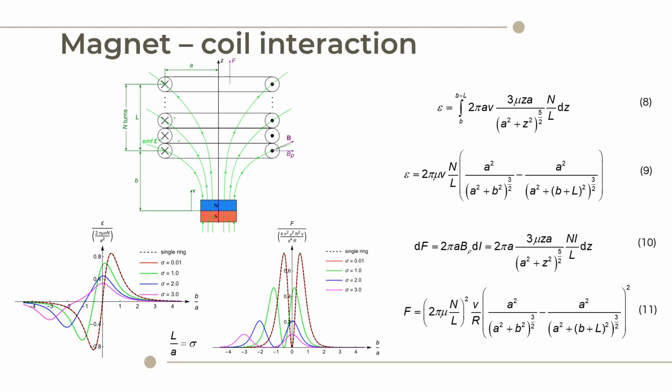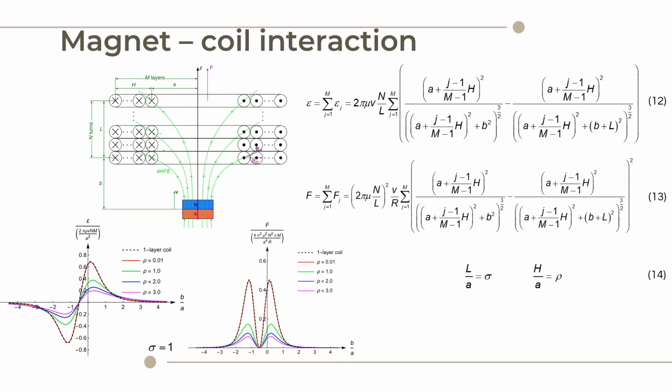In the case of sigma tending to 0, we obtained relationships similar to the curves calculated for a single ring. Based on the previous investigation of the single conductive ring and single-layer coil, we have developed the final model of the multi-turn and multi-layer coil.